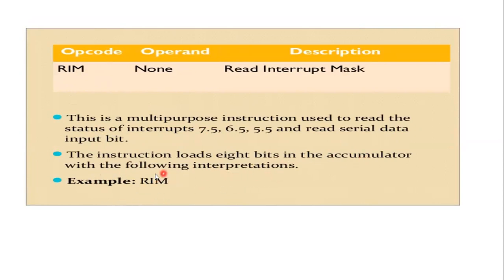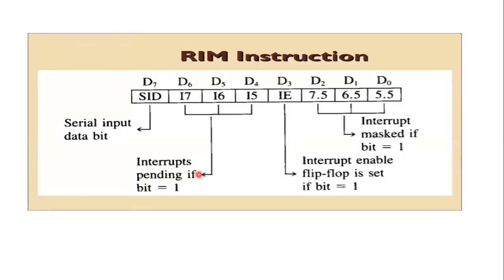That is RIM, read interrupt mask. So D0 to D7: 5.5, 6.5, 7.5, IE, then I5, I6, I7, SID. So this is the serial input data.